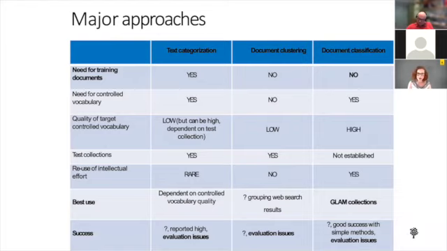So also they usually work with a smaller number of assigned indexing terms, a smaller number of controlled vocabulary terms, much smaller than is typical in the library, archives, and museums collections. What is common to all of them is that they all suffer from evaluation issues that we'll come back to in a moment, as well as one of the challenges.